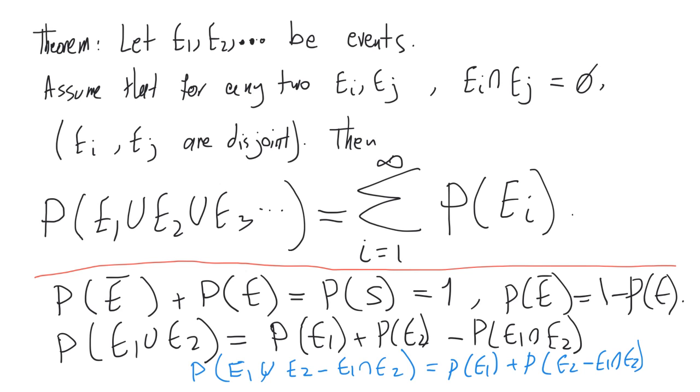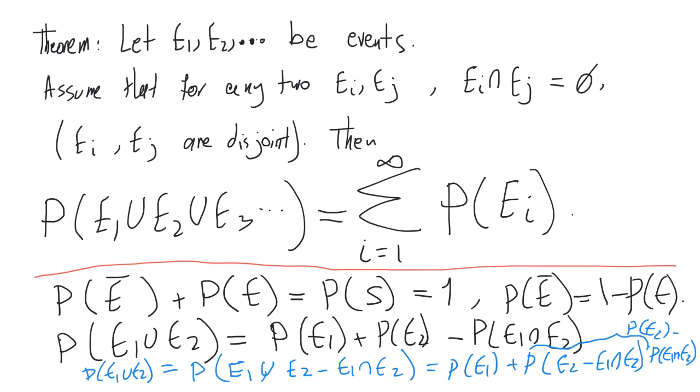And this term is equal to the probability of E2 minus the probability of E1 intersection E2. You should also check this by the definition, and of course, this one is the probability of the union. And so you should remember that for disjoint sets, the probability is additive. That is very important.